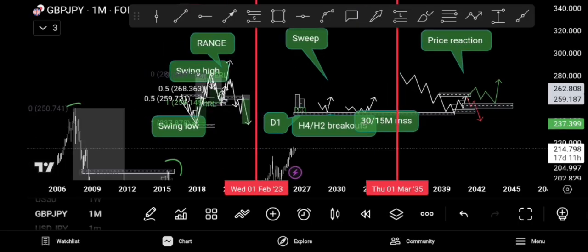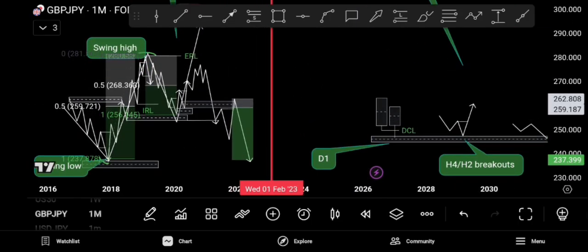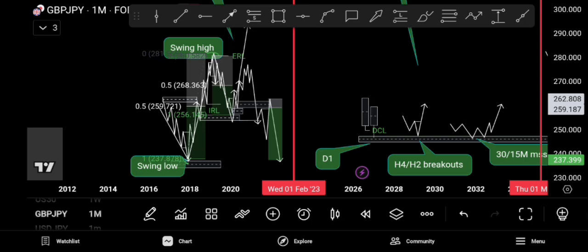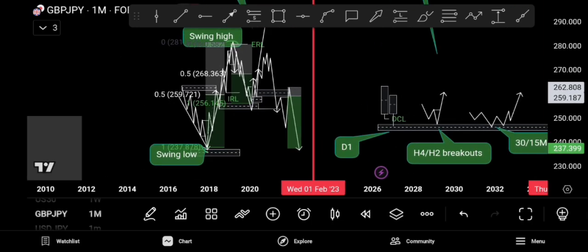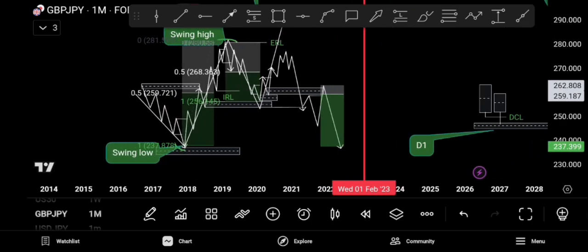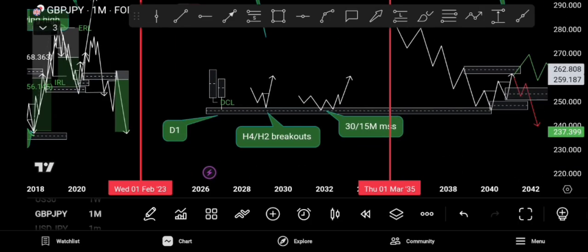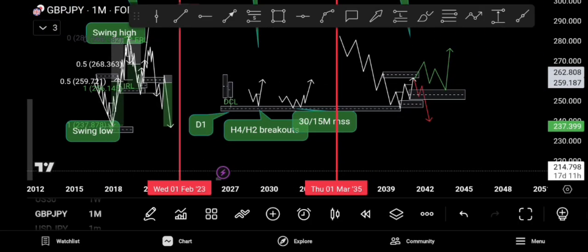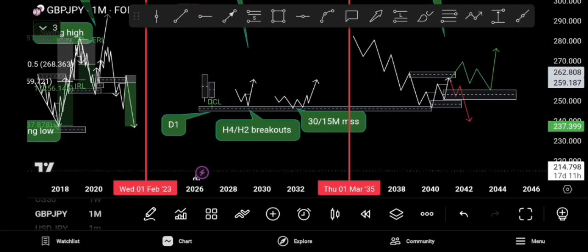First of all, your checklist to enter a trade or frame your directional bias is to identify your range using your premium or discount zone. Two, identify your liquidity points, your internal range liquidity. Please write it down. Three, identify your daily candle liquidity or daily candle rejection.